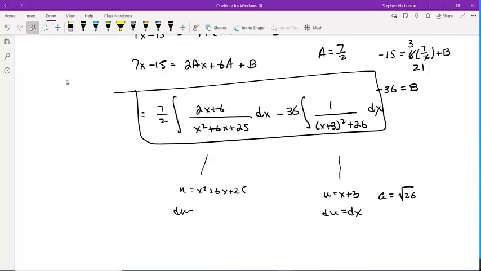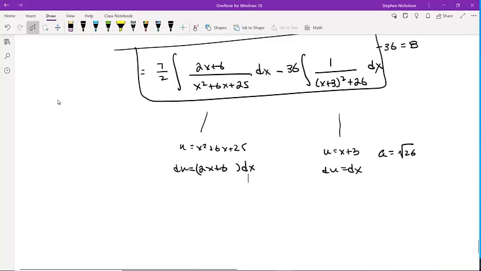Here du equals 2x plus 6 dx. So then you'd have 7/2 the integral, and you'd also have to change the limits: when x equals something, u equals.